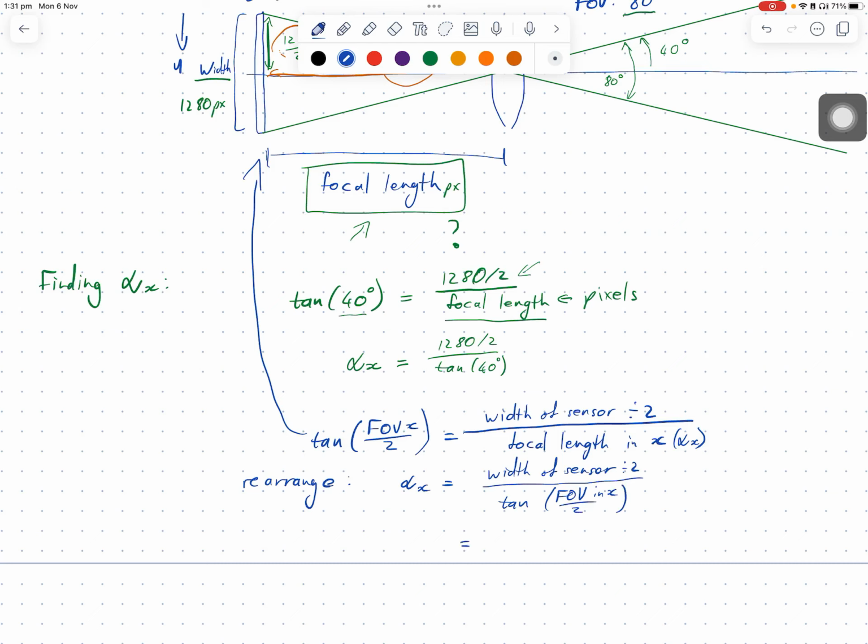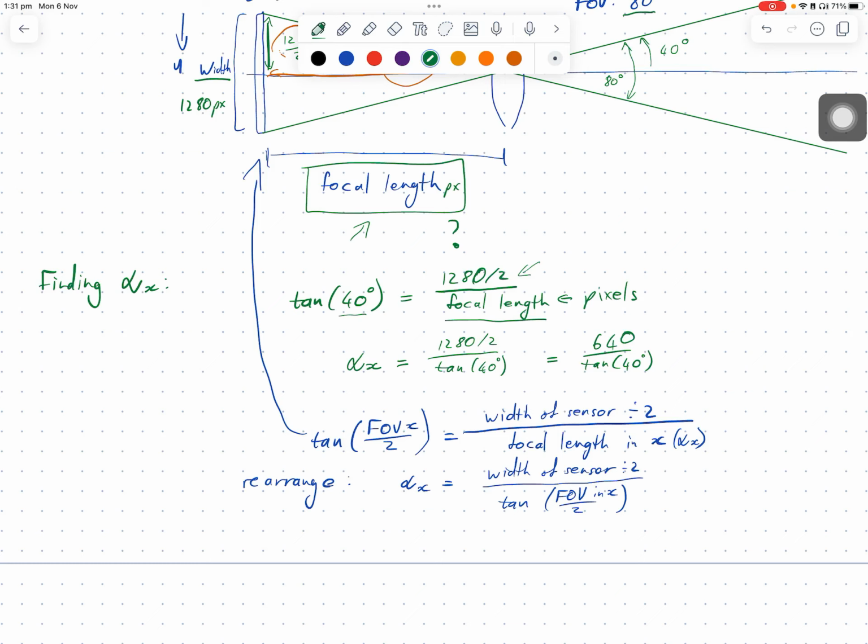Maybe I'll go back to the green calculations here just to do the final calcs. That's going to be 640 divided by whatever tan 40 is. So grab my calculator. I'm doing this with a real calculator, not on screen.